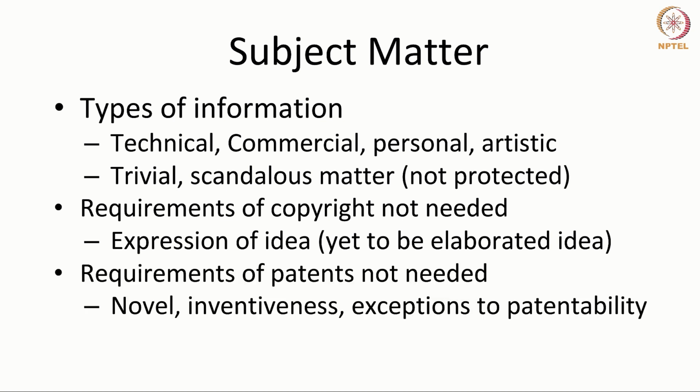Requirements of patents are again not needed to protect some information under the confidential information regime. We know that patentability requires the information about the invention to be novel, it should have inventiveness or inventive steps, and it should not fall within the exceptions to patentability.